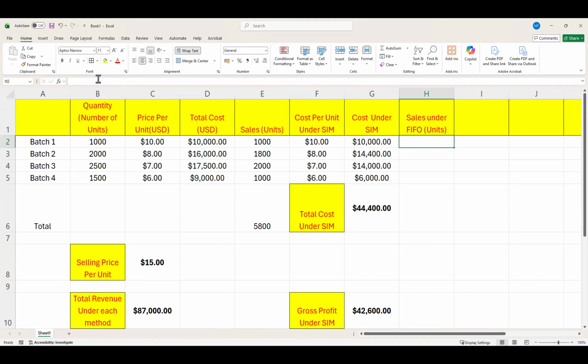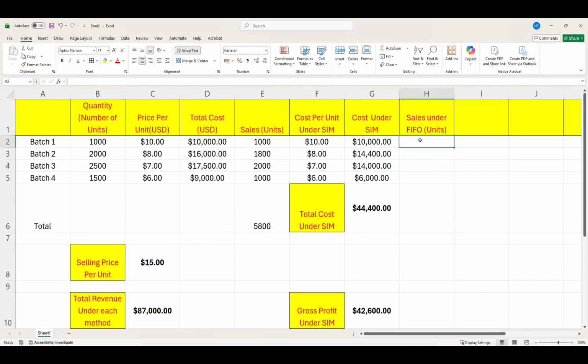It doesn't care about the specific batch. So if the total sales is 5,800, think about it carefully. It has to come sequentially, continuing from the first batch until you hit the 5,800 total level.